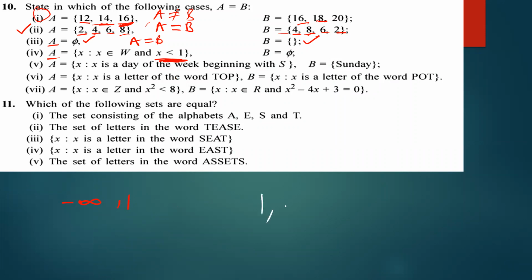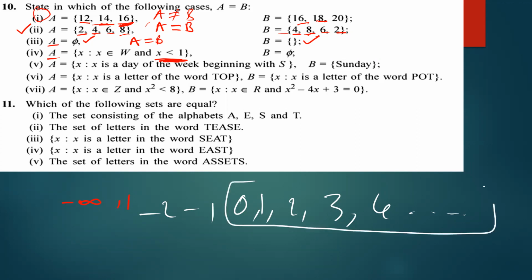If you have the natural numbers 1, 2, 3, 4 going up, but you add a 0, then that set becomes the set of whole numbers. It ceases to be the set of natural numbers. Once you add the negative numbers this side, that set becomes the set of integers. So whole numbers are simply counting numbers starting from 0.